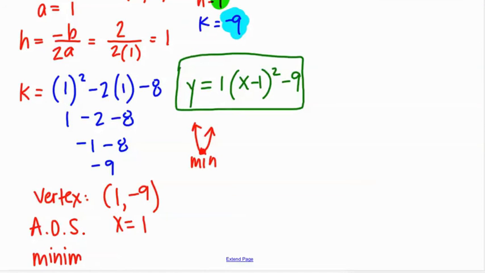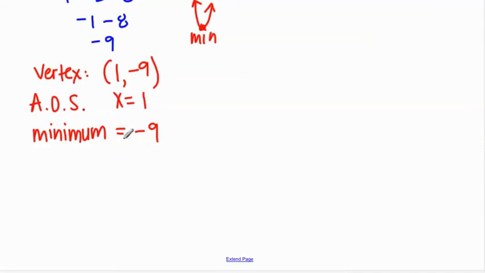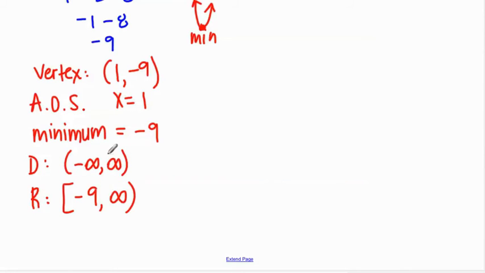So it has a minimum. Its minimum value is negative 9. If it has a minimum value of negative 9, which is your y value, that means your range starts at negative 9 and goes up to infinity. The domain of the function are all the values that you can put in for x. And on a quadratic equation, you can put in any real number. So we denote that by using interval notation, negative infinity, comma, positive infinity with parentheses.